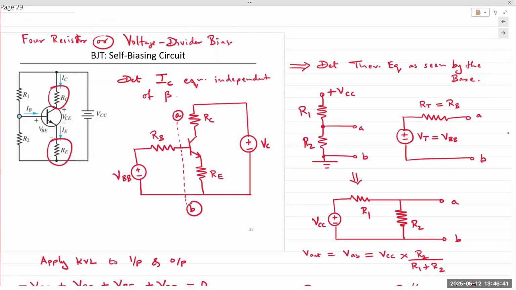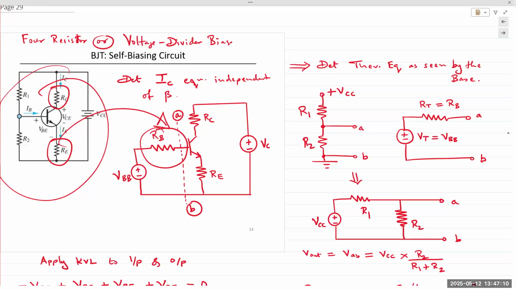Since we have two resistors in there, we can easily find the voltage, but we also need to find the equivalent resistance as seen by the base. We need to convert this circuit into this, because the base sees only one resistor, RB, and we need to determine that resistor. That resistor is a combination of R1 and R2.